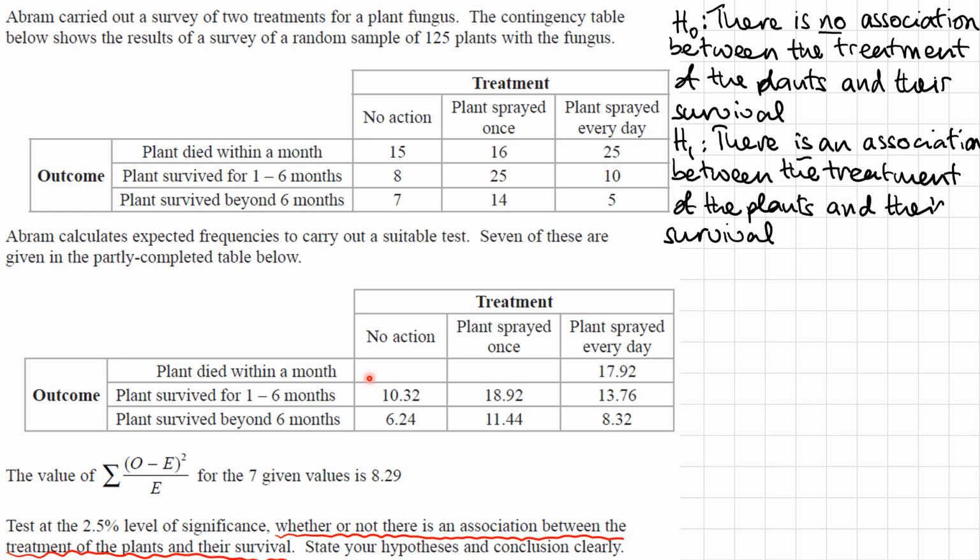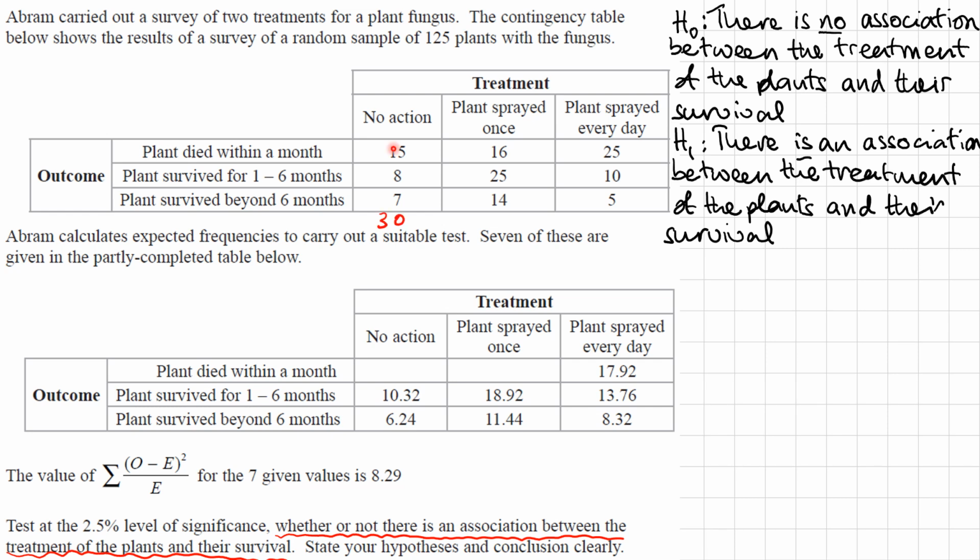The next thing I need to do is to calculate my test statistic using this data here. But the first thing I need to do is to work out what these 2 missing values are in the table. To do that, I need the row total times the column total from this table divided by the grand total. So for this box here, it's the column total here, 15 plus 8 plus 7. That's 30, so I'll write it down here.